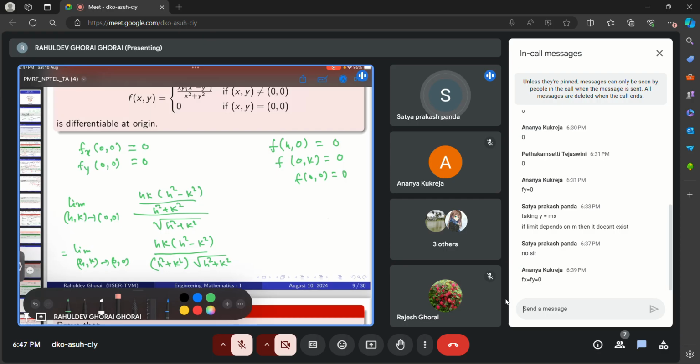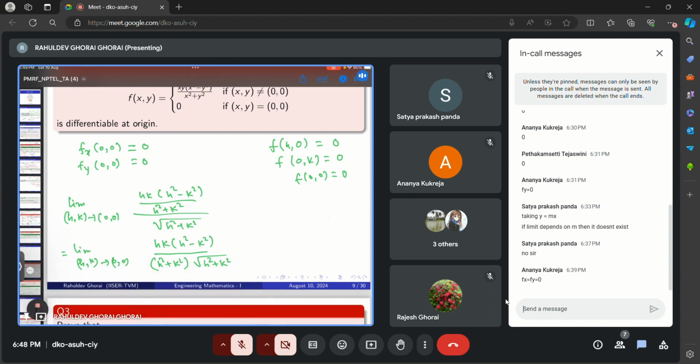Yes, sir. If you take another path, then also you will see the limit will be 0. Then you confirm that the limit is equal to 0, and then you have to prove it for the general case. You don't need to take some typical path. From the paths, you know that if a limit exists, it will be equal to 0.